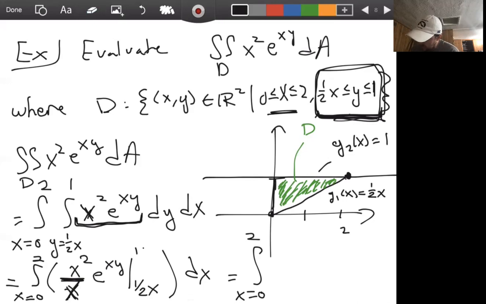And so what we get then is, well, we have an x here, and then where we see a y, we plug in 1 first, so e to the x minus, and then we plug in 1/2 x for y, and that's going to be minus e to the 1/2 x squared dx.